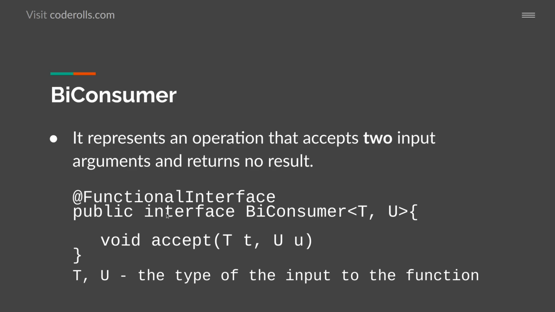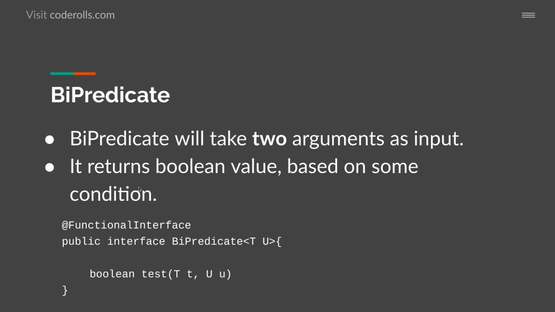This is a really simple concept. There are chances that you will receive two arguments sometimes. So instead of using Predicate, you can use the BiPredicate and so on. So whenever you are getting two arguments, you can use two argument functional interfaces.